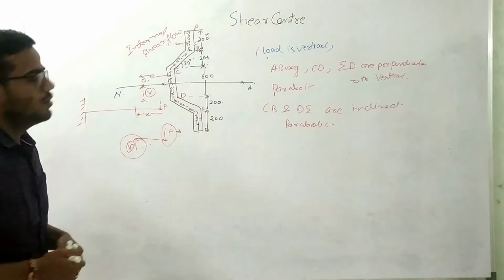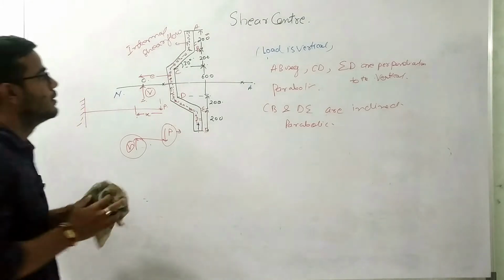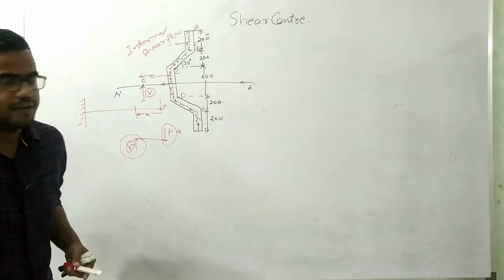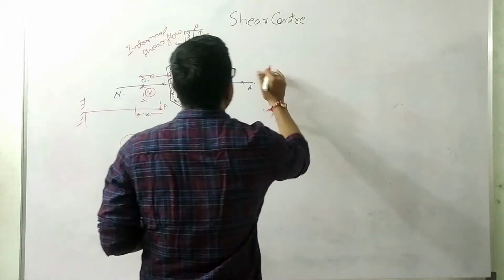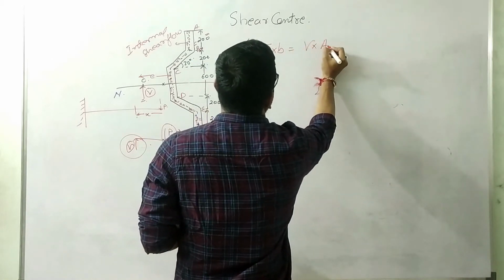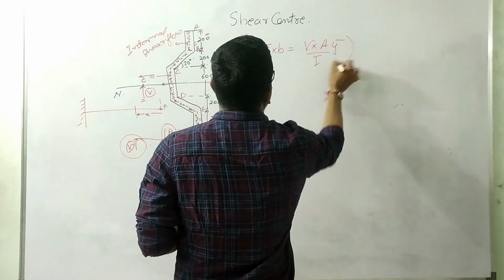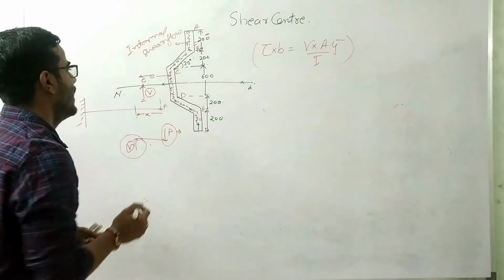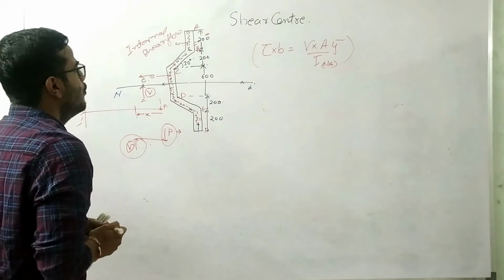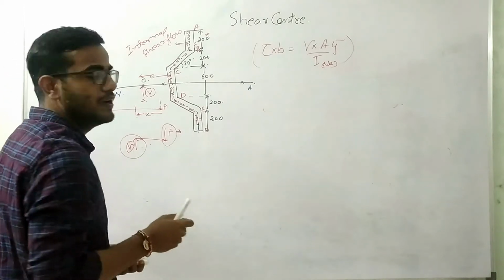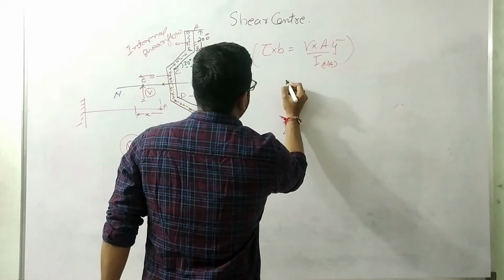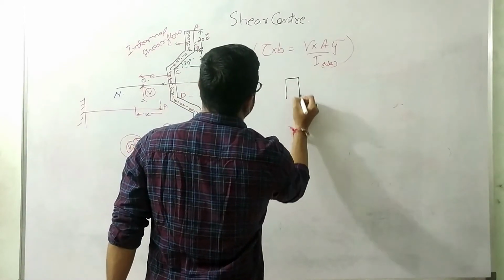Now, the formula of the shear flow will be q equals V times A y bar over I, where I is the moment of inertia about the neutral axis. Now we'll calculate what will be the variation of shear flow in the AB segment. So this is the AB segment.